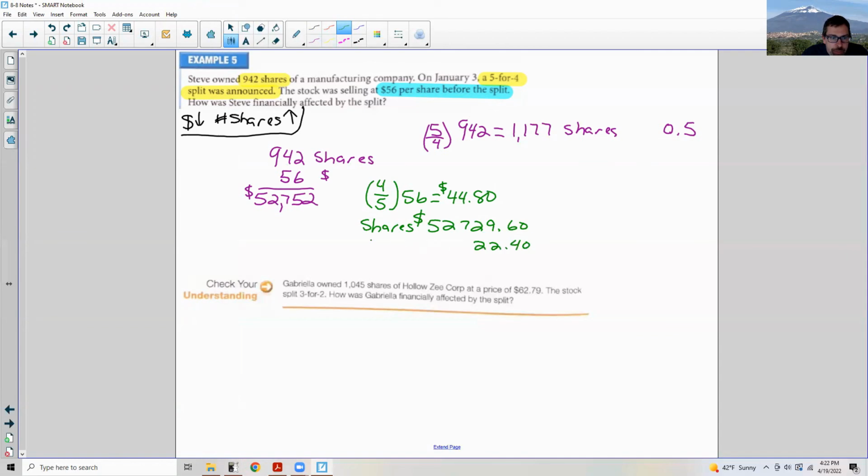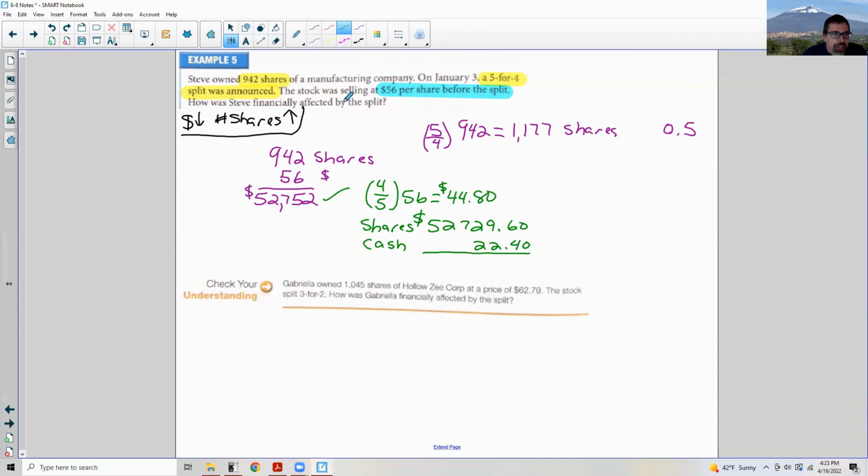And that is going to be cash. So they're going to give him 1,177 shares at $44.80 now, and give him a check for $22.40 to pay for this half a share they didn't allow him to hold. And when you add that, it comes out to be this right here.